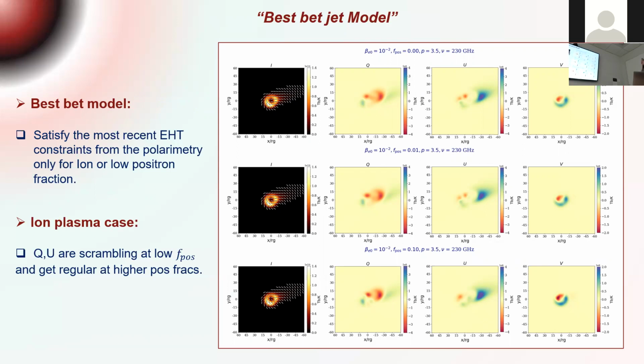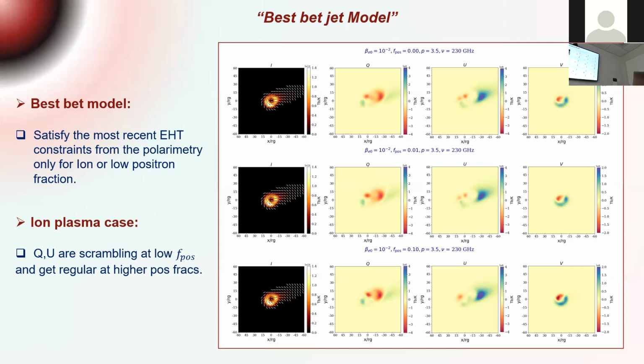That almost entirely leads to a very low fraction of positrons. In other words, when you increase the positron fraction, since the Faraday rotation diminishes as 1 minus f, you are going to reduce the depolarization.